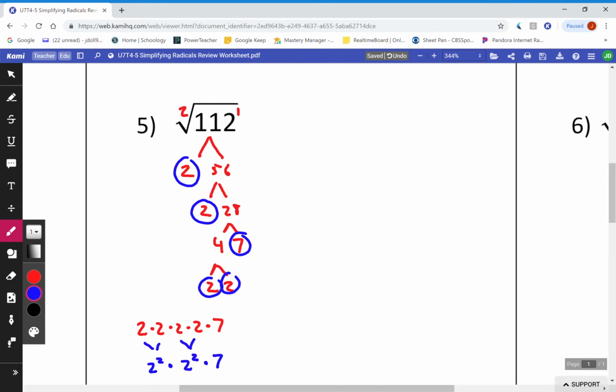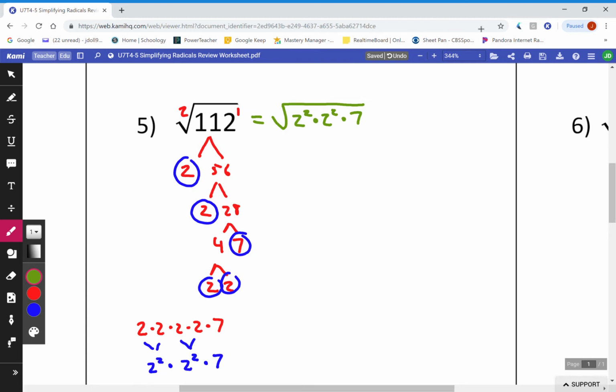Once I have accomplished this prime factorization, what I then want to do is replace the 112 with my prime factorization: 2 squared times 2 squared times 7. Now what you'll notice here is instead of having only one value with a power of 1, I now have 3 factors. 2 of them do have a power, an exponent, which will cancel my root.